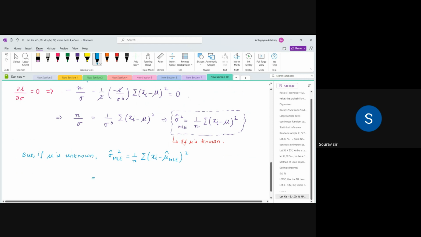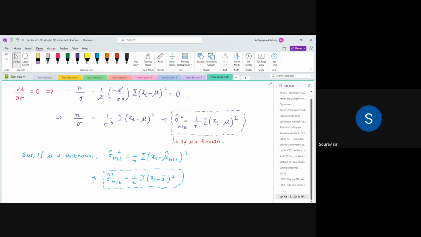So that will make what? Sigma hat square MLE is equal to 1 by n summation xi minus x bar whole square. Okay, correct? Depending on the situation, you will have to choose your appropriate estimator for sigma square. If mu is known, then the previous one. If mu is unknown, then this second one.